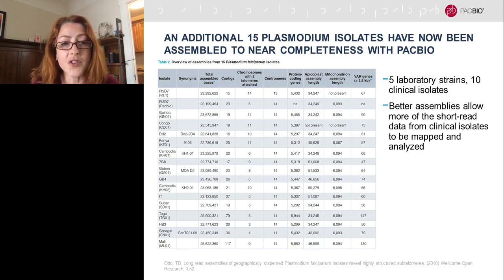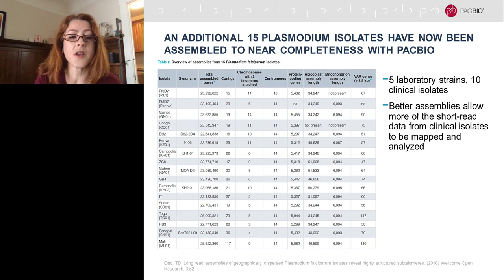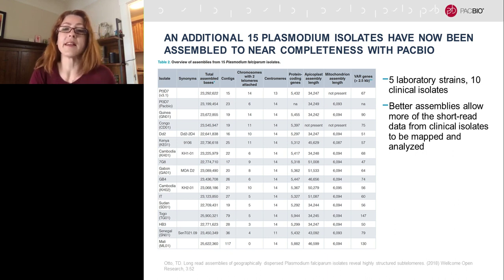What you'll see if you scan down is that all of these contain the telomeric sequence, and a number of these have chromosomes in which both telomeres are also attached. So all of these are high quality assemblies and also allow the type of deep dive and analysis into real biological problems that was so challenging with the less contiguous genome assemblies.